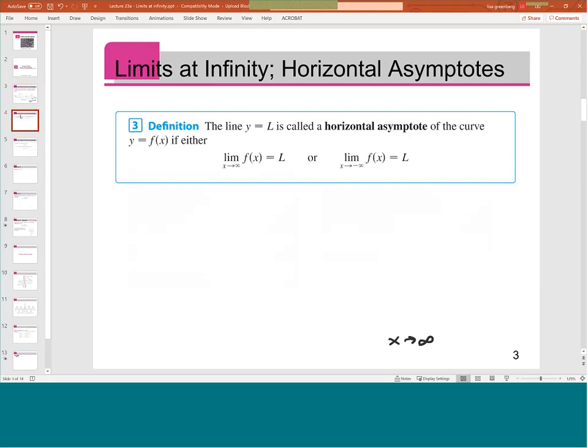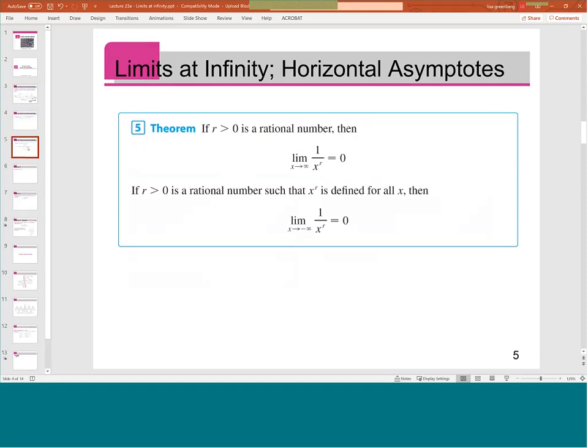I guess that's a yes. All right, so the line y equals L is called a horizontal asymptote. We've already talked about horizontal asymptotes, so this is how you define a horizontal asymptote in calculus.